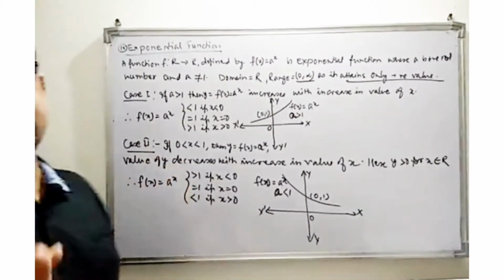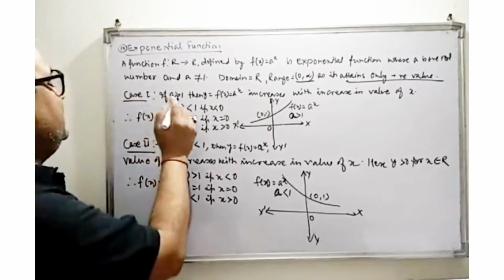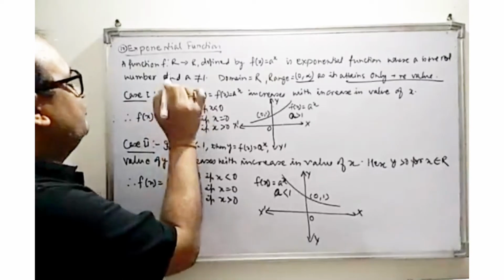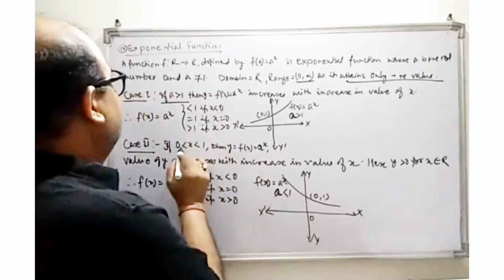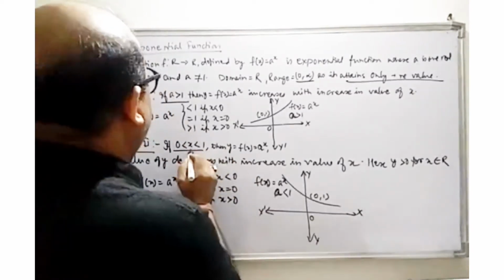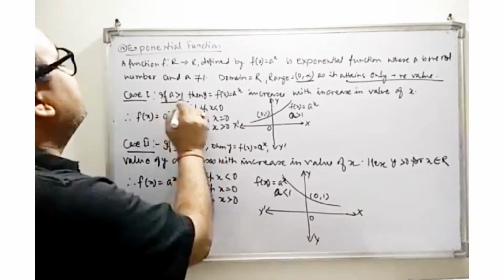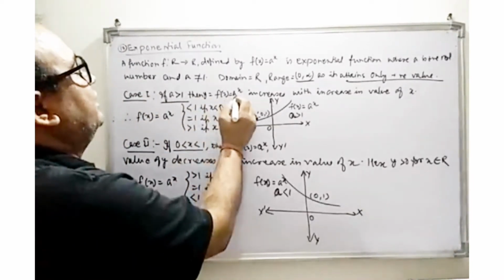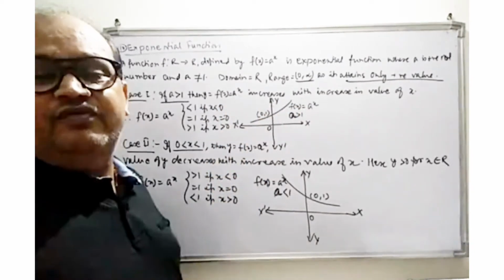Now, there are two cases in the exponential function. The first case is if a is greater than 1. Then y = f(x) = a to the power x increases with increase in the value of x.